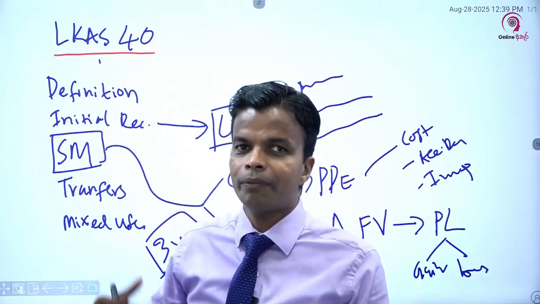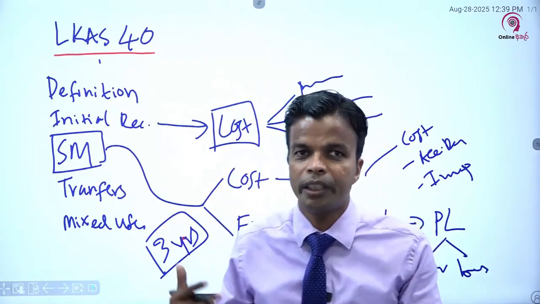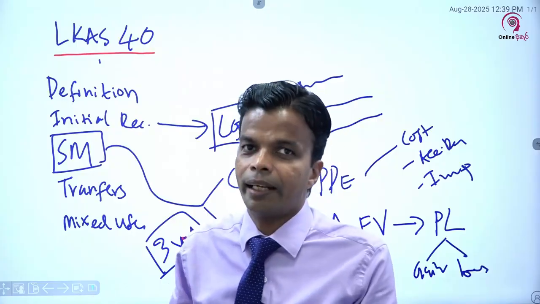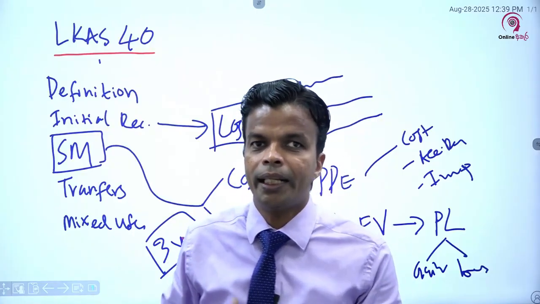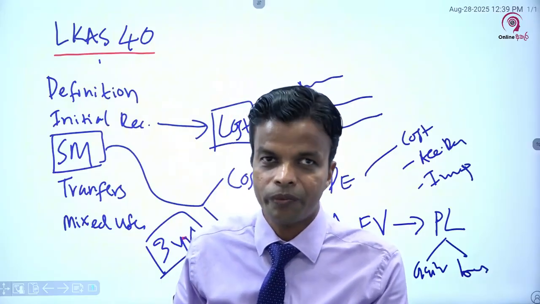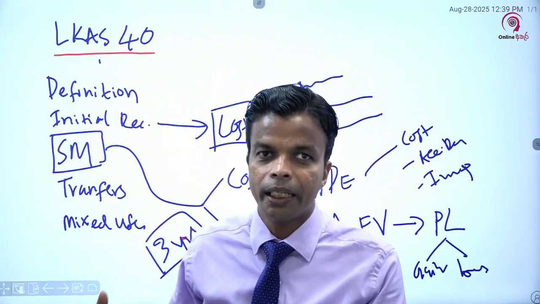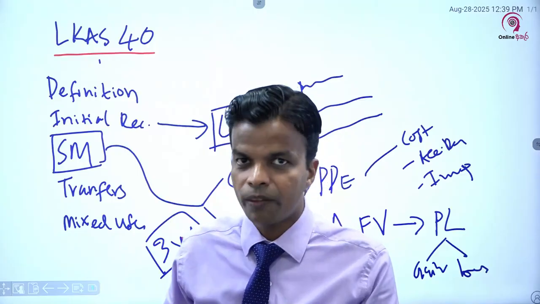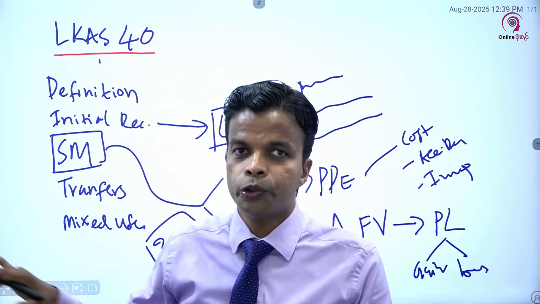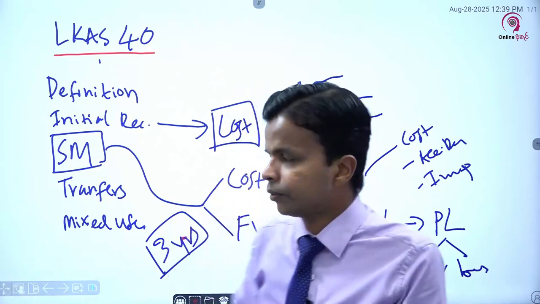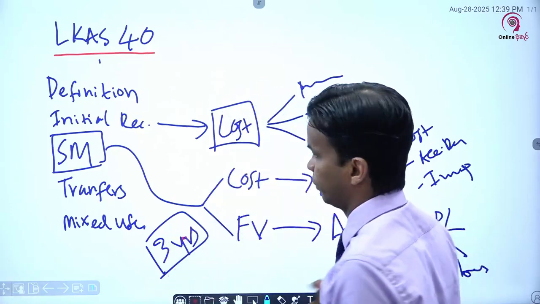So indirectly it is pushing you to use an independent valuer every year. But if someone has the capability, capacity, skills and qualifications to do the annual fair value assessment, yes, you can do it, otherwise you should go for an independent valuer, right? So that's the fair value part.